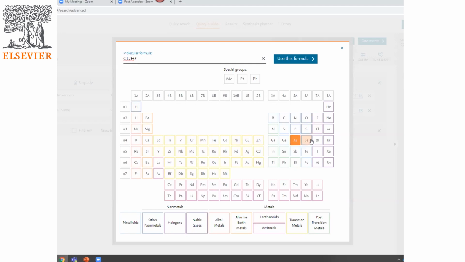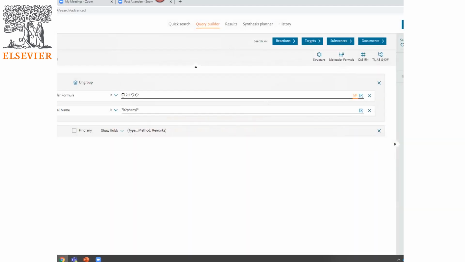And they should have some chlorine atoms. Or let's make it more complicated. They can have any atom from this group, let's put this one, 7A, with unknown amount. So we want to search these biphenyls with any halogen atom and with any biodegradation data.